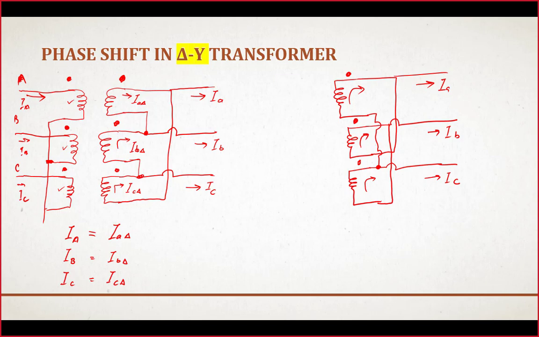And the same is true here. If I compare these three currents with the corresponding internal delta currents, IB delta, IC delta, these will be in phase. Now let's see what is the relationship between the line currents on the delta side and the line currents on the Y side. In order to see that relationship, we will have to take help from the phasor diagram.